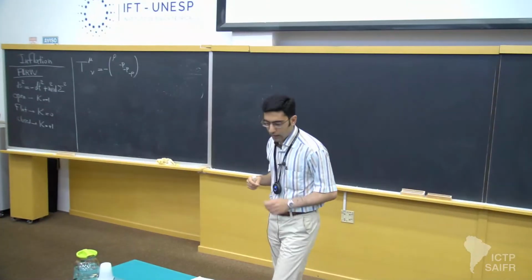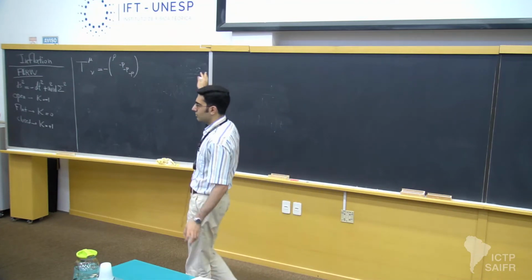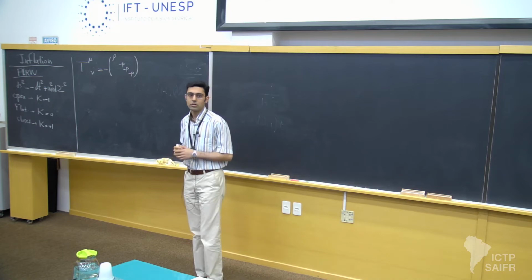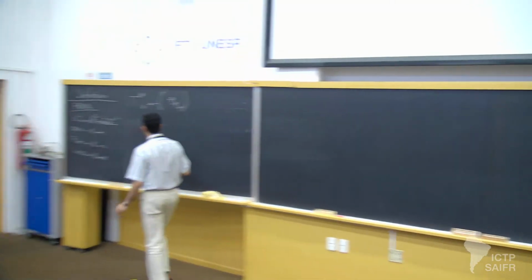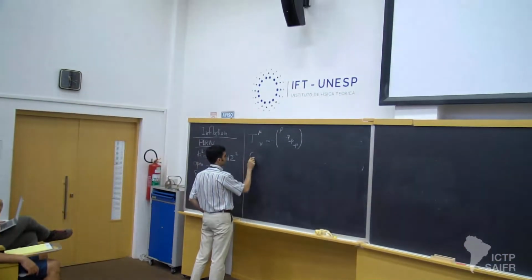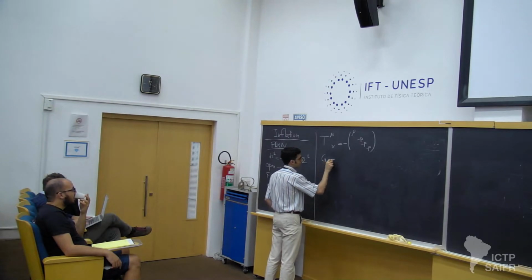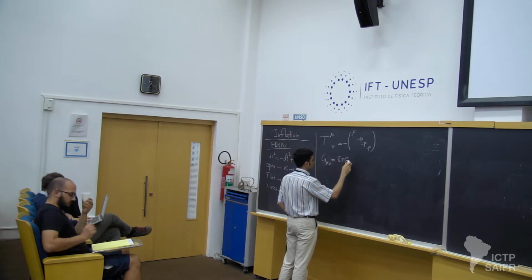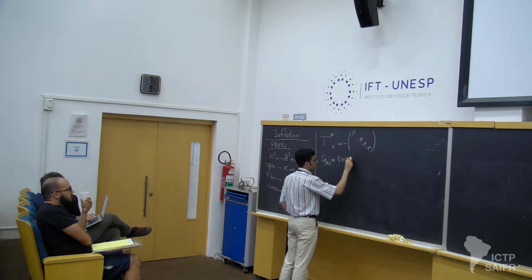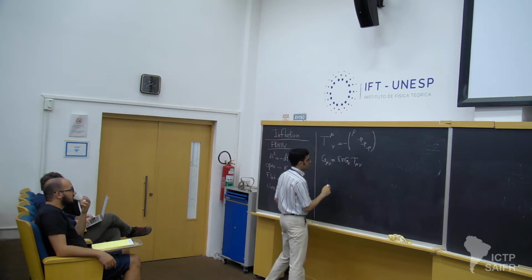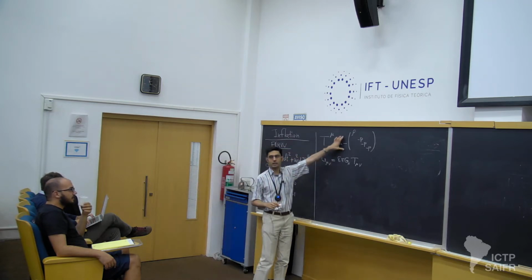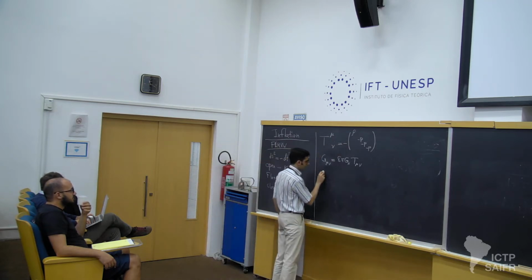Now, so what do we do? Well, we use the Einstein equations and the conservation of the T mu nu to solve for this model. The Einstein equation is G mu nu equals 8 pi G Newton times T mu nu. So if we plug this metric ansatz and this T mu nu inside the Einstein equations, we get the Friedmann equations.